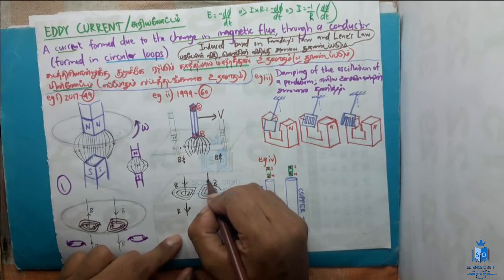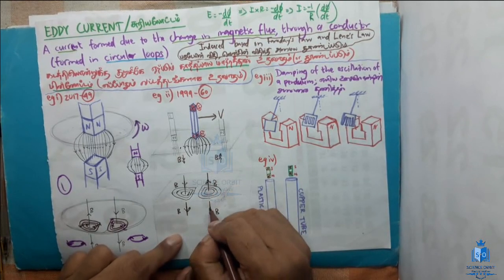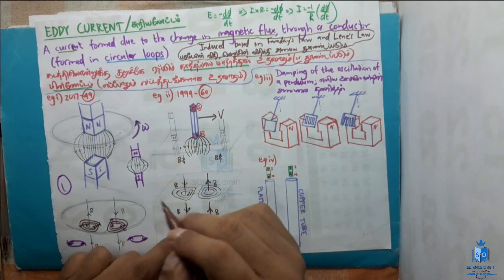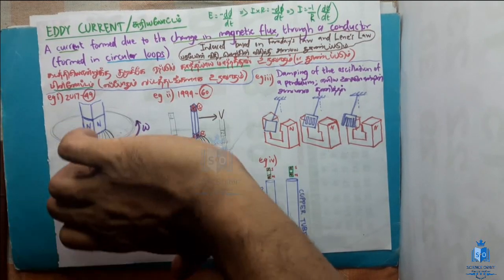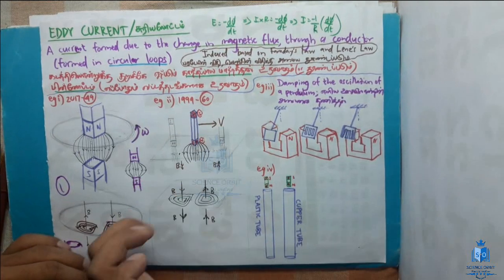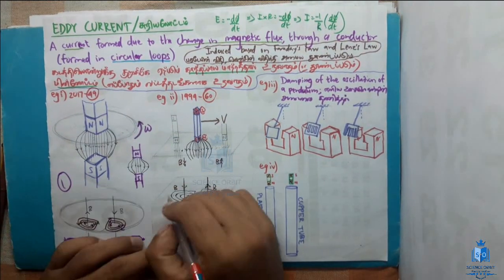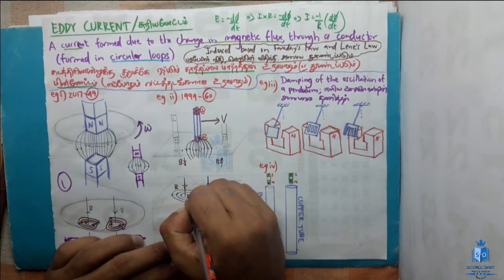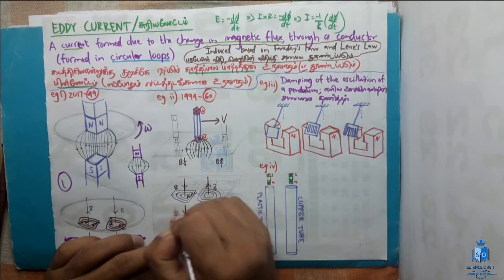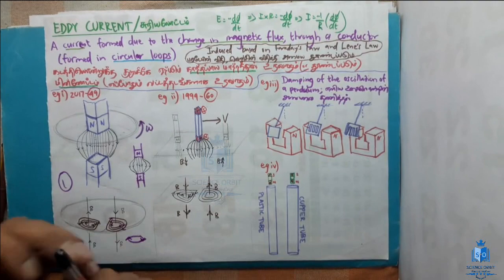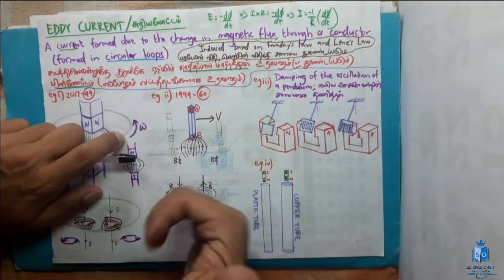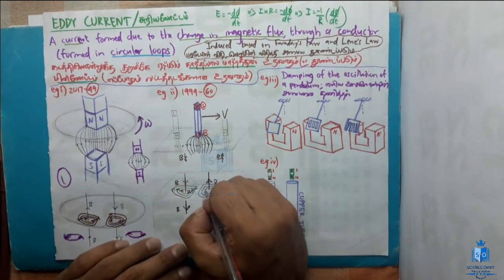So the magnetic flux must be produced in the opposite direction. Okay, right, done, that's it. So if the magnetic flux is down, then it has to be in this direction. So the direction of current must be this way. And here it is up. So the direction of current must be this way. So this.